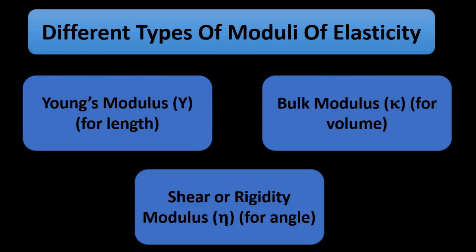It has different forms: Young's modulus for length, bulk modulus for volume, shear or rigidity modulus for bending angle. Also we discussed the stress strain curve, which takes us beyond the elastic point, which is this.